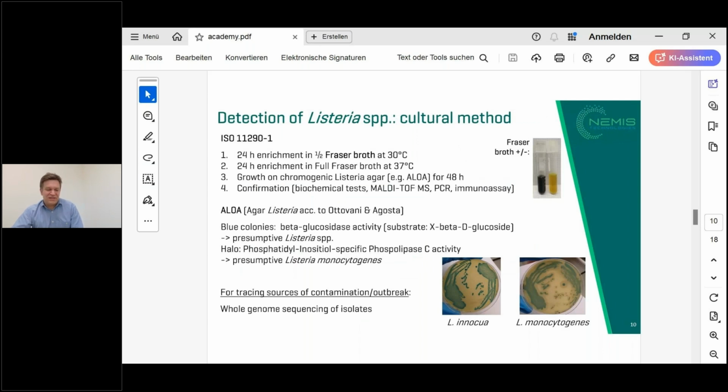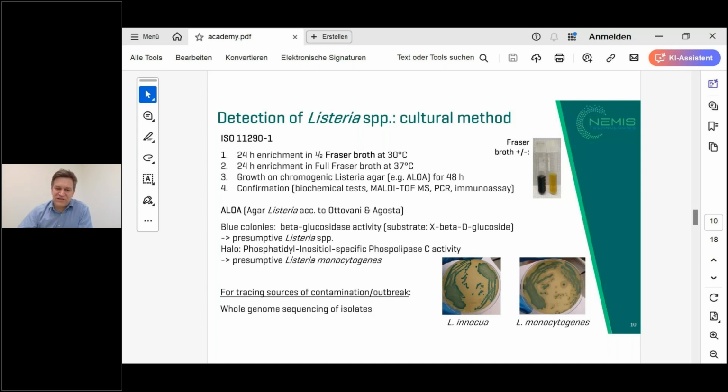So how is Listeria detected? I want to go into more detail here on the most important cultural method, which is used in Europe. That's the ISO 11290-1, the qualitative method. You first have an enrichment in so-called half Fraser broth at 30 degrees, which is not yet fully selective.